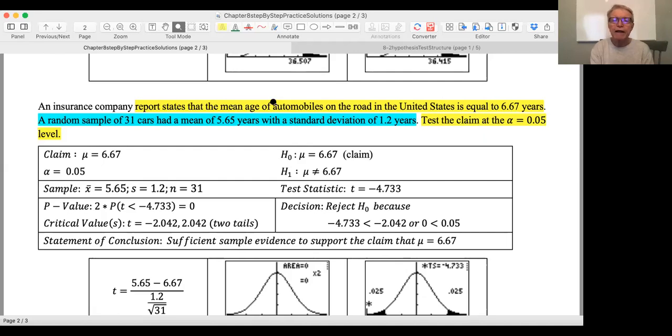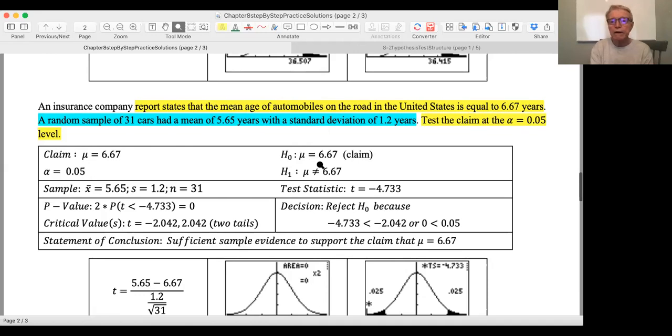Test the claim that the mean, again, this is the parameter. Test the claim that the mean parameter is equal to a number. So the relationship is equal to. And the mean is mu again, mu equal to means equal to, and the number 6.67. Alpha again was 0.05.